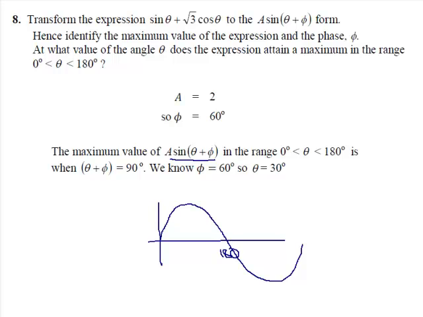Excuse my writing. The maximum value here is at 90, so that means that theta plus phi equals 90. We've calculated that phi equals 60, so that means that theta must equal 30. And that's the end of question 8.